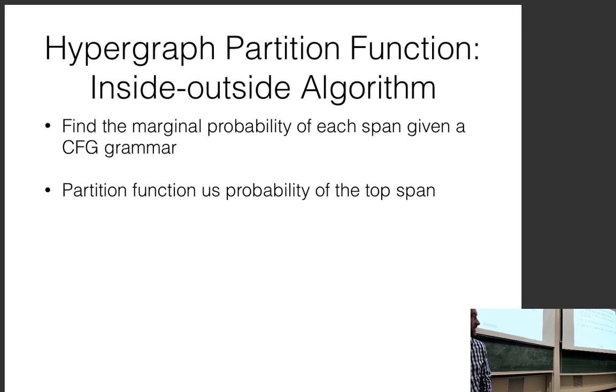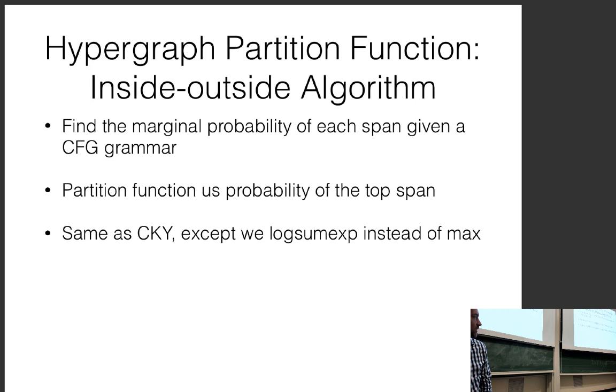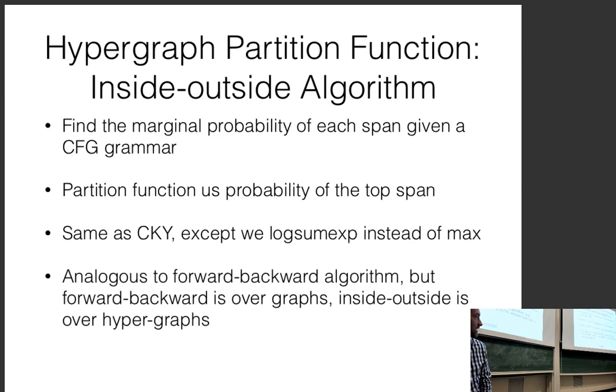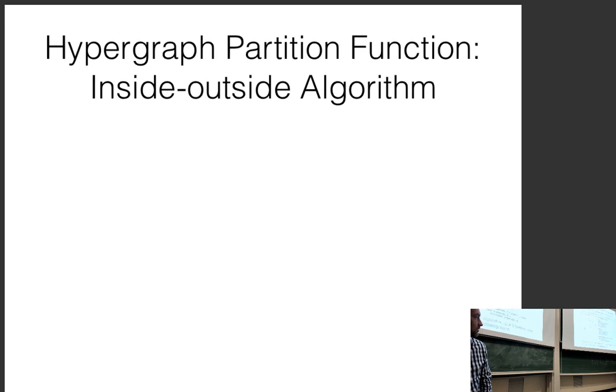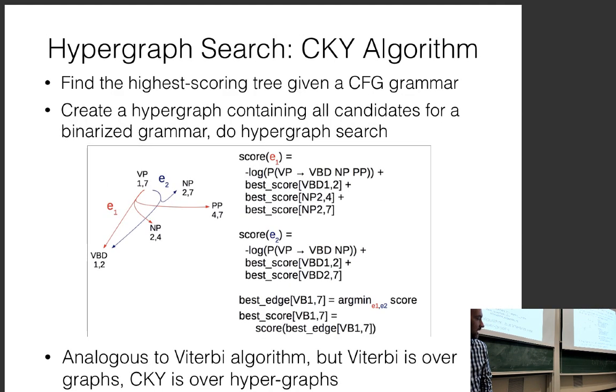This is the same as the normal CKY algorithm or normal hypergraph search, except instead of taking the min here, for example, we take the sum of the probabilities, or the log sum exp of the probabilities.